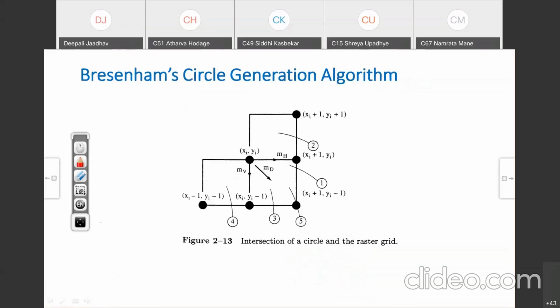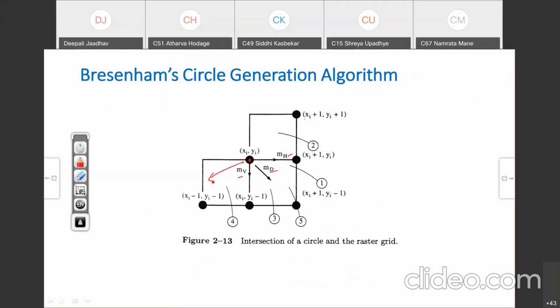Here it shows that this is the point xi, yi on the circle. These 3 points we have already seen, MV, MD and MH. Along with that, there are 2 neighbor points, this one xi plus 1, yi plus 1, where both are increased, and here both are decreased.